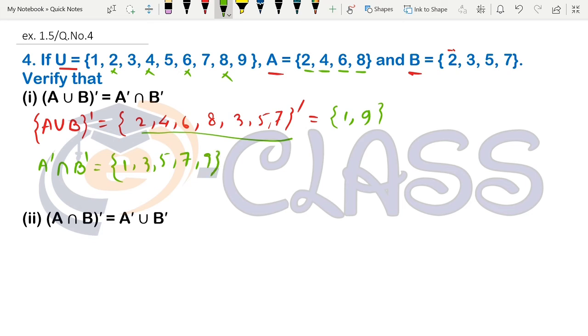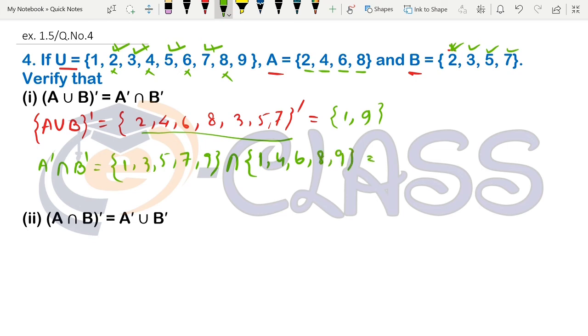So this is A complement. Now for B complement, B contains 2, 3, 5, 7, so just ignore 2, 3, 5 and 7. The remaining ones are 1, 4, 6, 8, 9.